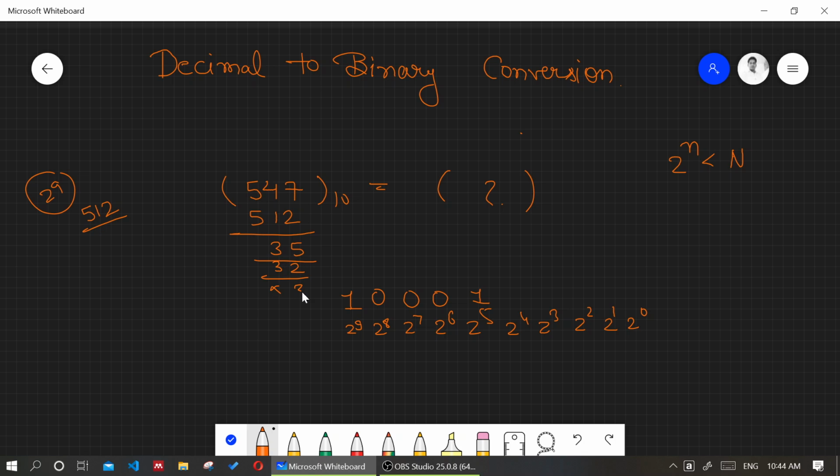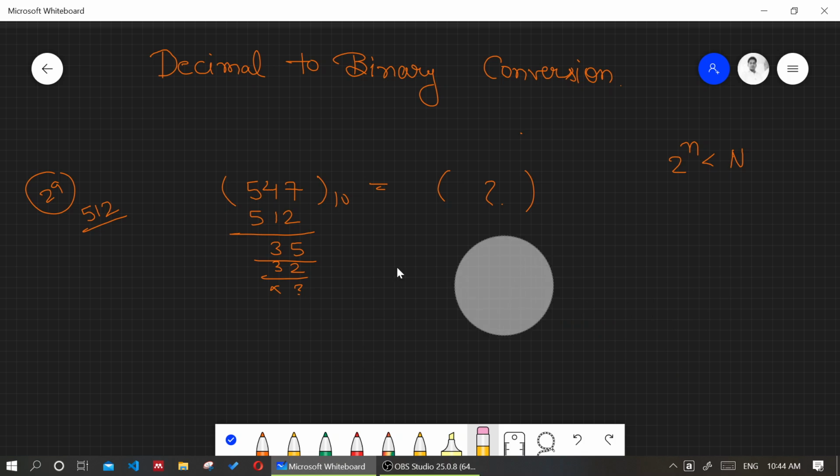After 32 we will be left with 3 only. So again 0 0 0 1 and 1. So this will become the binary equivalent of the number 547, that is 1000100011. So this is again faster.